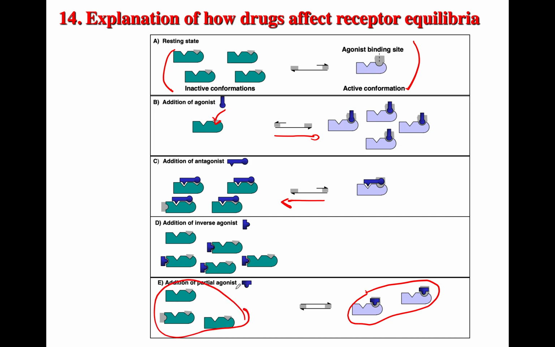A partial agonist can have activity at some subtype where it is an agonist, and at some other subtype of the receptors, it works as an antagonist.